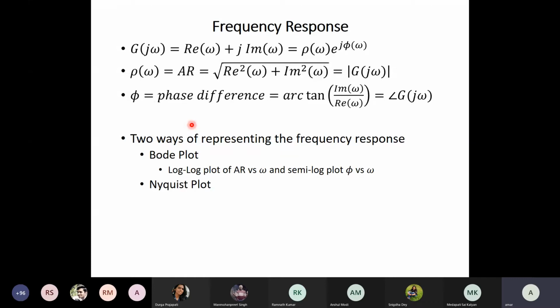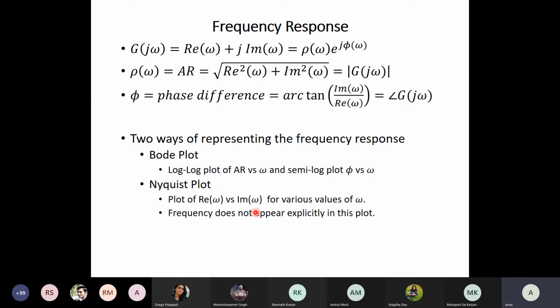And in the Nyquist plot, we plot the real part of that complex number G(j omega) versus the imaginary part. This real part and imaginary part will vary as omega varies. So for various values of omega, we plot the real part and the imaginary part.